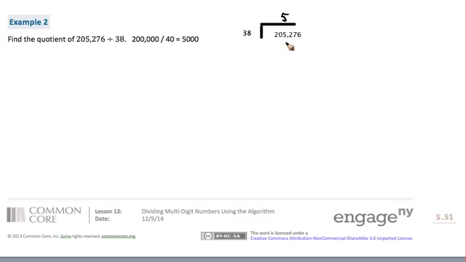5 times 8 is 40, and we regroup the 4. 5 times 3 is 15, plus 4 more is 19. And then when we subtract, we get 15.